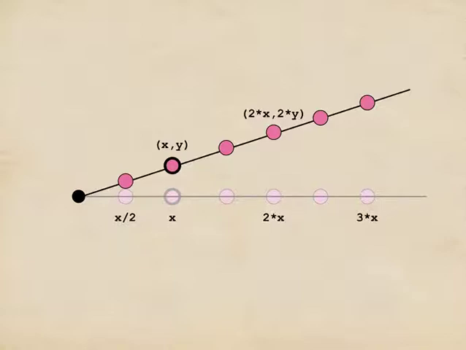If you multiply them both by 2, you get a point that is twice as far from the origin. Suppose we want the point that is 3 times further from the origin. That's just 3 times x, 3 times y. Suppose we want the point that is halfway between the origin and xy. That's just x over 2, y over 2. I'm multiplying both x and y by a half.